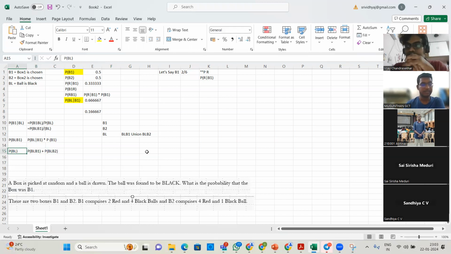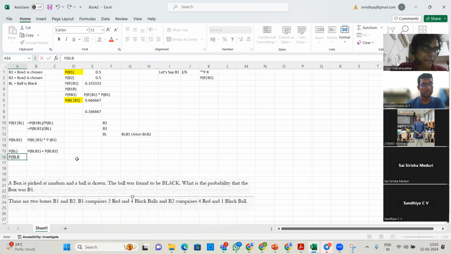Can we say this? Yes. Why? Because BL B1 and BL B2 are disjoint. So you can comfortably say probability of BL is equal to probability of BL B1 plus probability of BL B2. Now we're going to figure out each of these. Let's start with probability of BL B1.